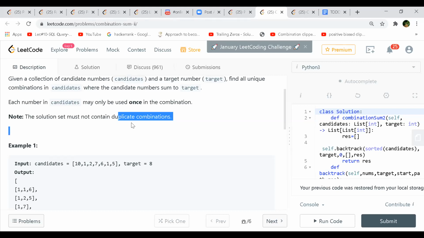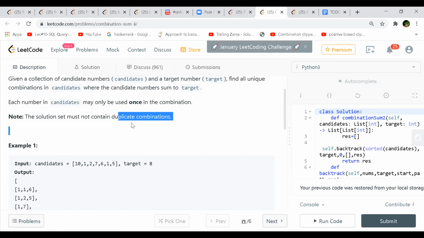So in this, we need to sort the input array so we can have control on the duplicate candidates. There you don't need to sort, because you can actually keep using the same number again and again.